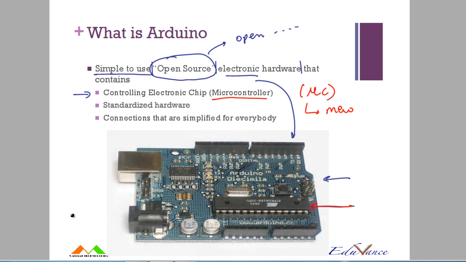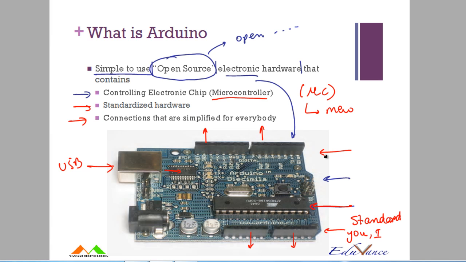And after the microcontroller, it has some standardized hardware like a USB interface chip, a USB interface, some I/O ports, and these connections that I just showed are simplified and standardized so that life becomes simple for users like you and I, and we can interface a lot of standardized hardware to this.